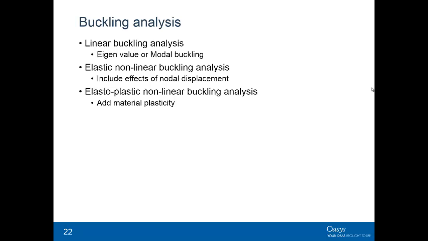Now, the buckling analysis in GSA only does the first two, but if you're doing the non-linear static analysis, it will take into account material plasticity, but you're liable to get buckling anywhere within the structure, whereas with the member buckling, which we'll look at in a moment, we just concentrate on particular areas that we're interested in.